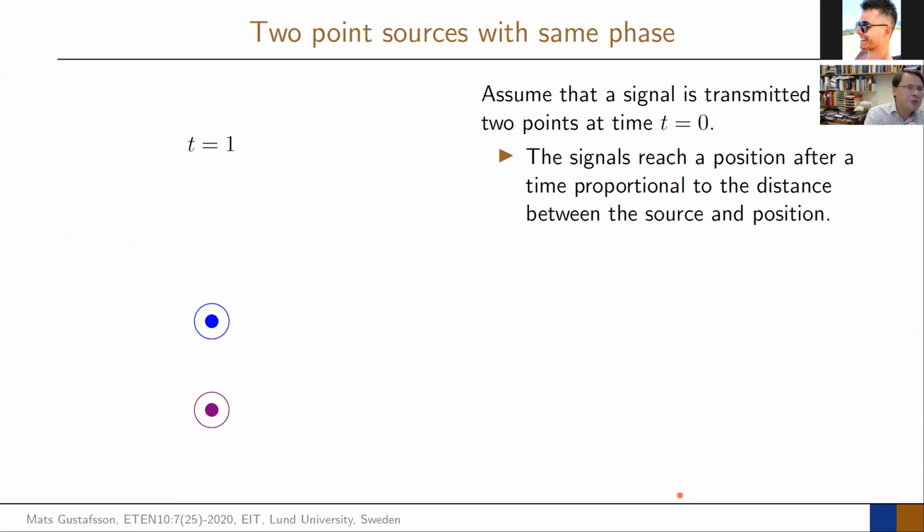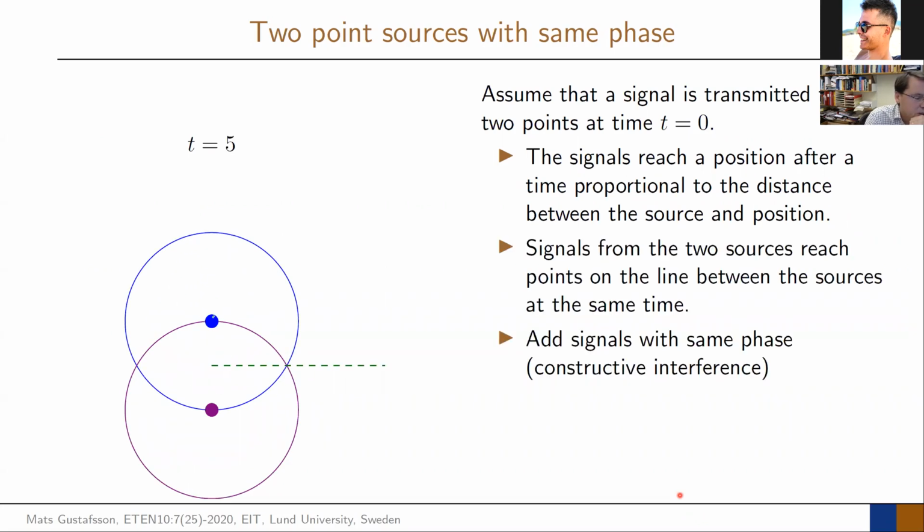So now if I take 2 point sources, so I do 2 of these now at the same time, and I say that I send the signals with the same amplitude and phase, both from the blue one and the purple one. After time 1, they have propagated a short distance out. After time 2, they propagate a little bit longer, a little bit longer.